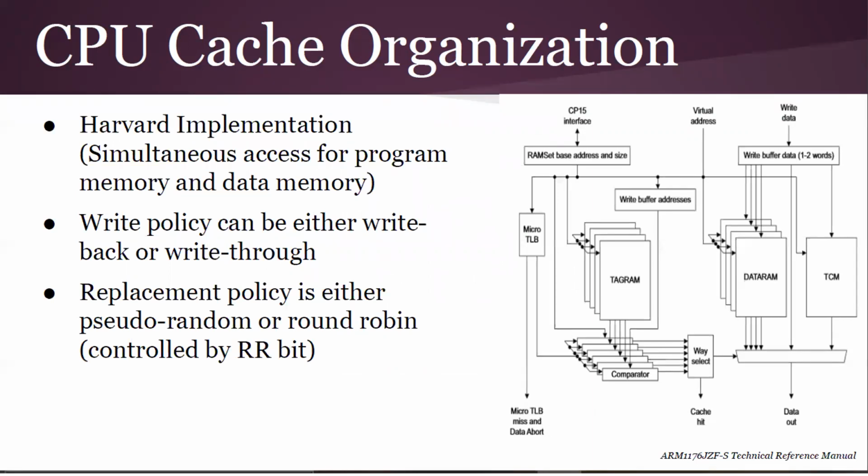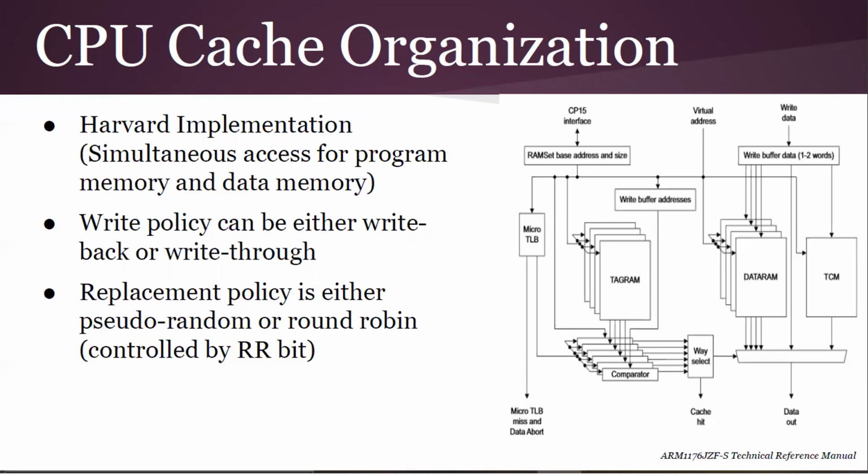One is tag RAM and another is data RAM. This type of memory is called tightly coupled memory.